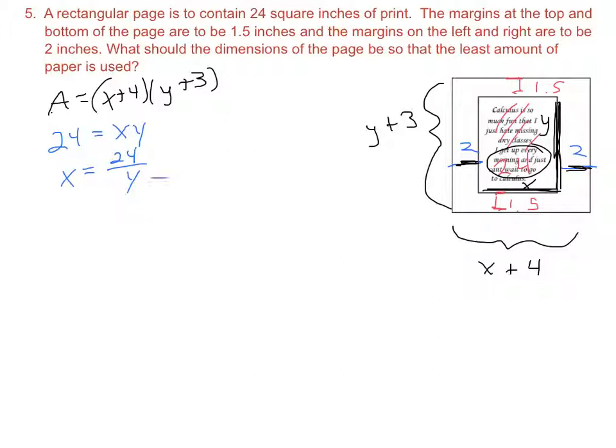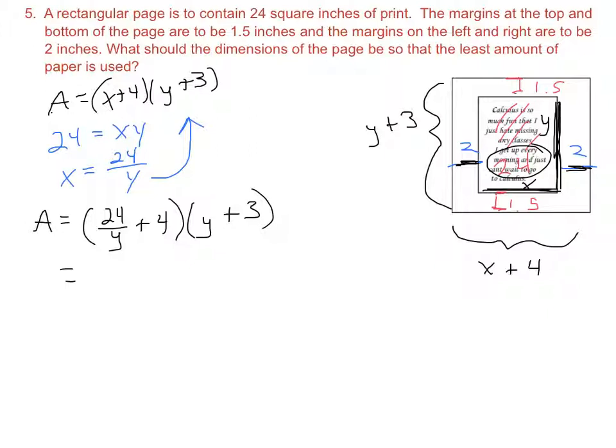So now we're going to plug this in to our primary equation. So area is going to equal 24 over y plus 4 times y plus 3. And then I'm going to go ahead and multiply it out just so I don't have to deal with product rule.